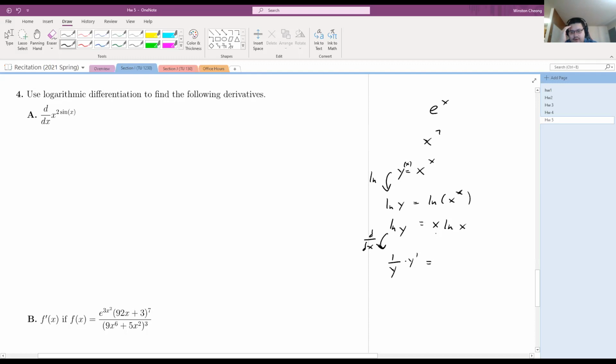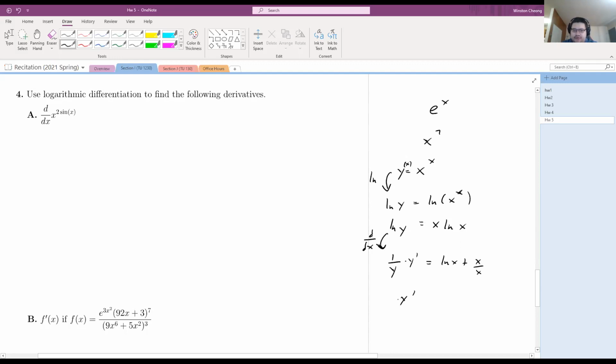And then on the right hand side, you can do just an ordinary derivative, and that's going to give you ln of x plus x over x, so that's just 1. And then what we normally tell you to do is bring this 1 over y to the other side, multiplying both sides by y in order to isolate the y prime.